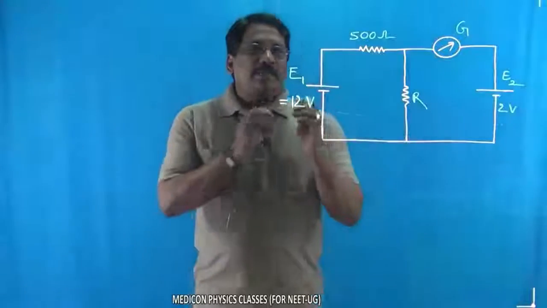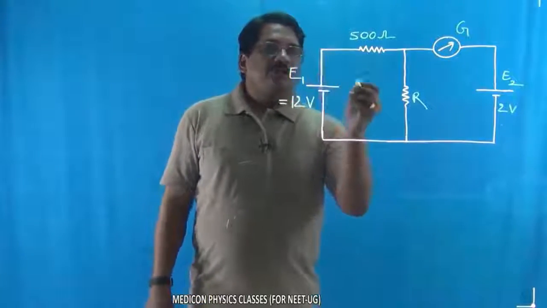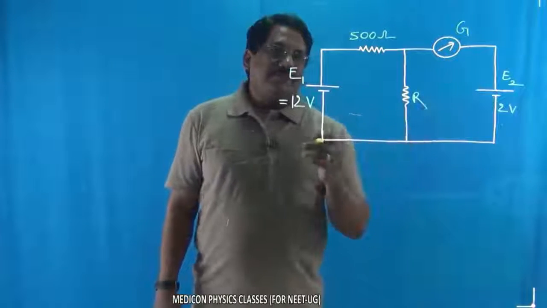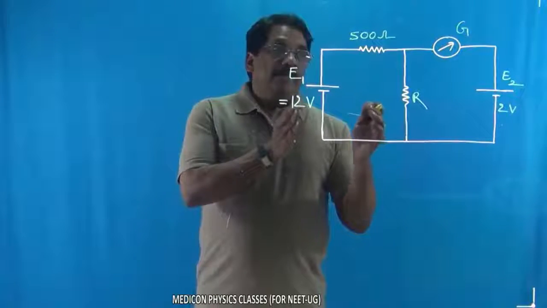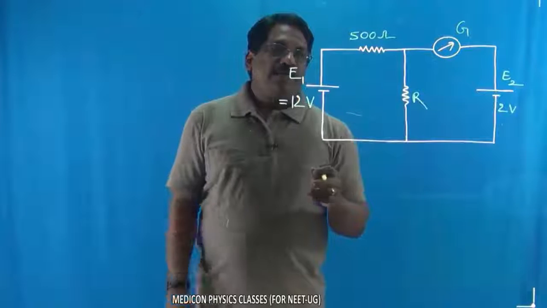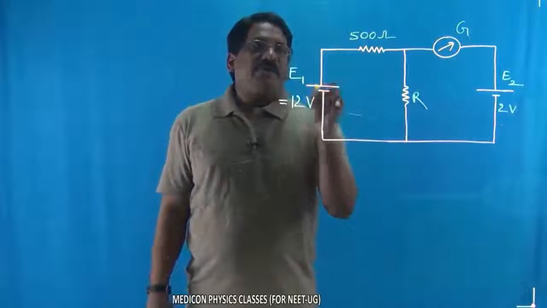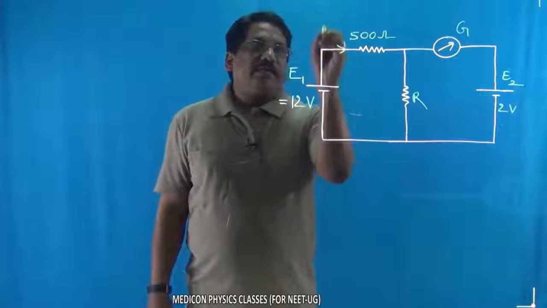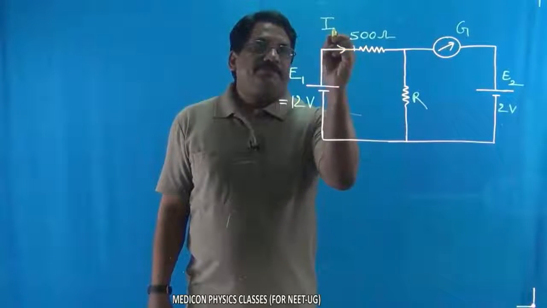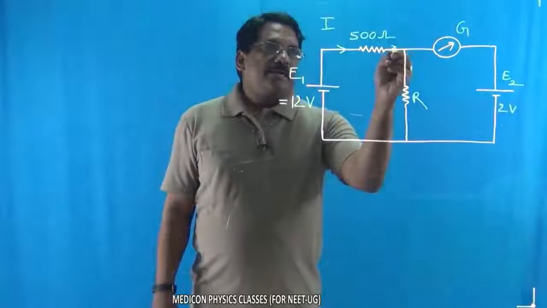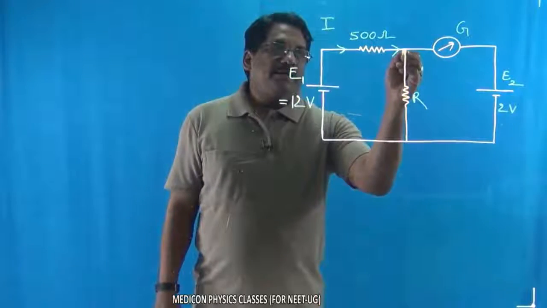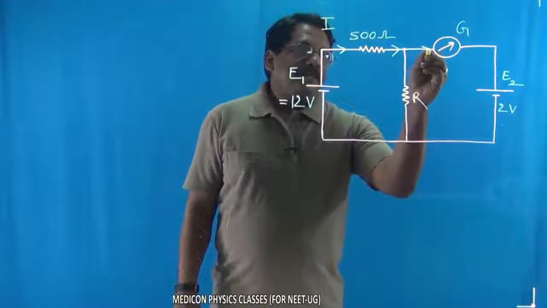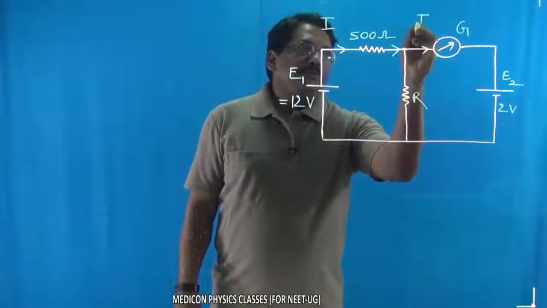Now let us say one of these two cells can be treated as a discharging cell, the other is a charging cell. It need not be a condition that all the cells are discharging. So for our convenience, I am supposing this is the discharging cell, deriving out, let us say, a current I into the circuit, and this current I here finds at this junction two paths, and a current Ig has to go into this.